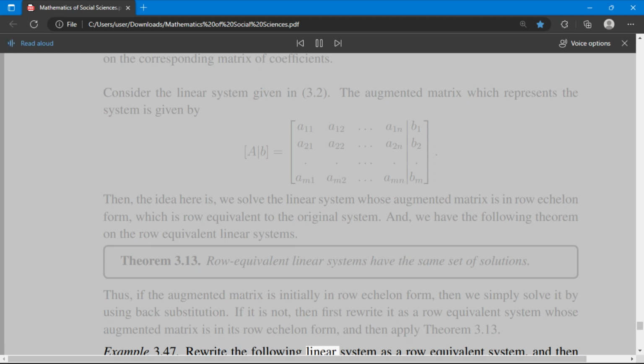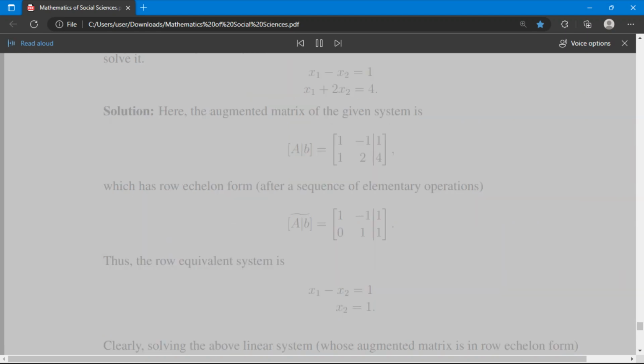Example 3.47. Rewrite the following linear system as a row equivalent system, and then solve it. x1 + x2 equals 1. x1 + 2x2 equals 4. Solution.